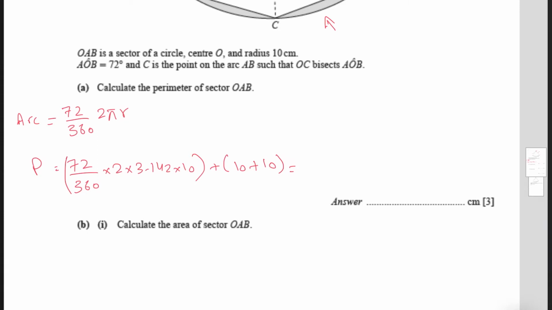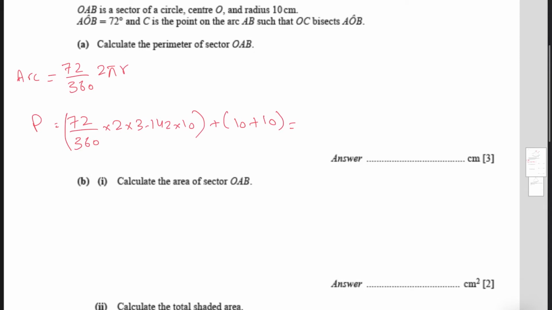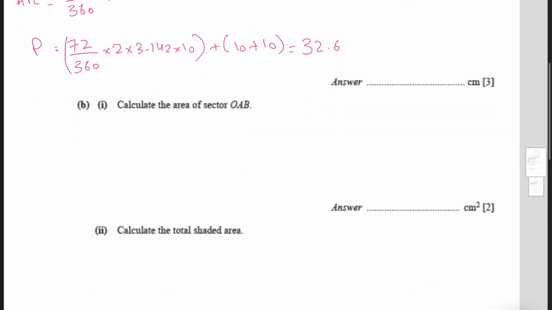When we do this, we do 72 over 360, which is being multiplied by 2 and 3.142 and 10. We get 12.568 plus 10. This gives us 32.6. So the perimeter of this shape is 32.6. You write it over here, 32.6 centimeters.